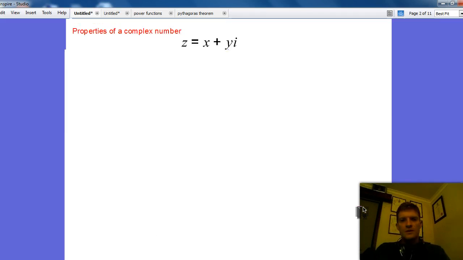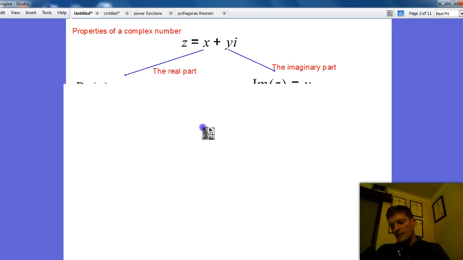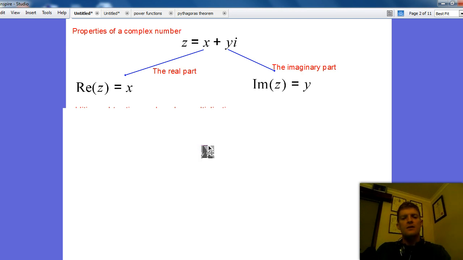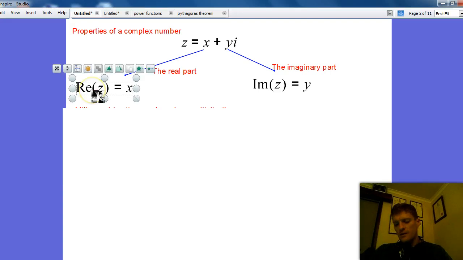Now let's look at some of the properties of complex numbers. We've got z equals x plus yi. Now there are two parts to that number. We've got a real part and an imaginary part, and we generally use this notation to represent the real part of z, which is x.